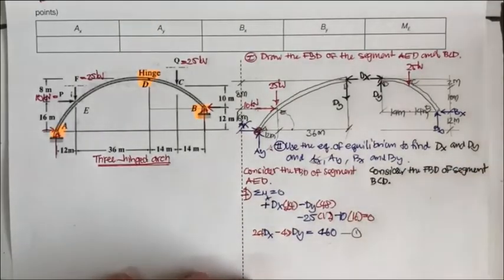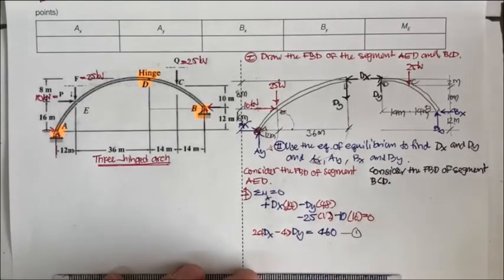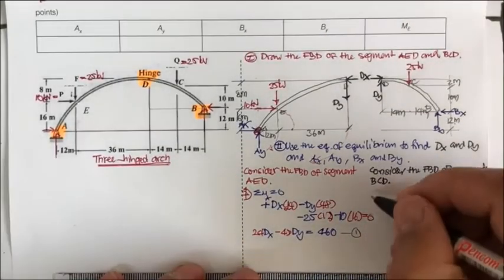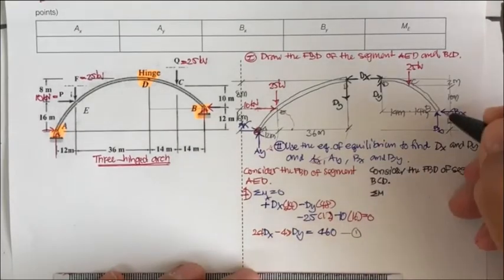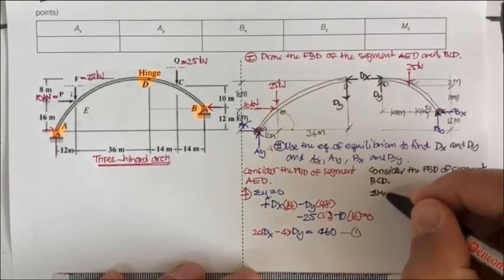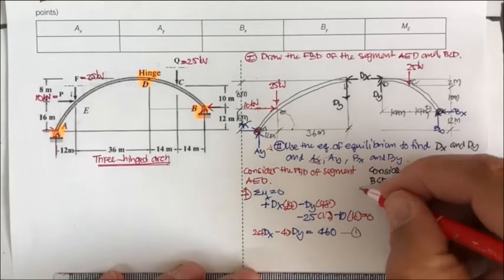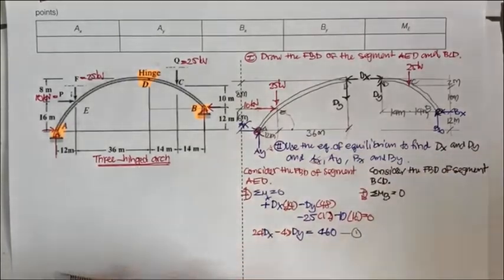Okay, and do it again. You may take the summation of moment equal to 0. Do the summation of moment about B equal to 0. And this time just put clockwise as positive.